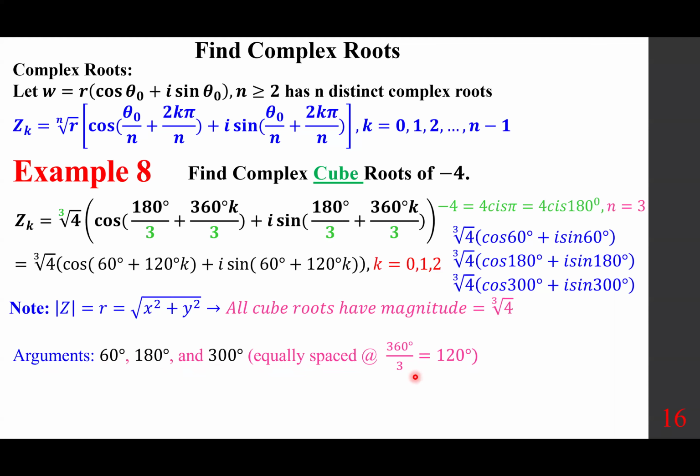So that means, remember, this is 0 degrees. It starts with 60 and then 120 and 120. So all 3 points are equally spaced on a circle. x squared plus y squared equals cube root of 4 quantity squared. This is the circle, everybody.